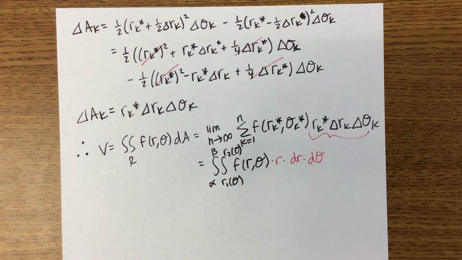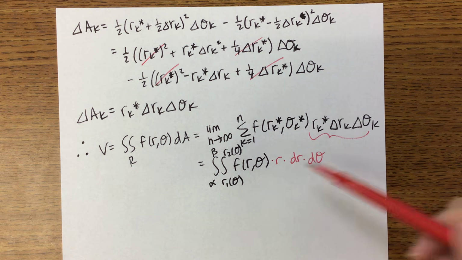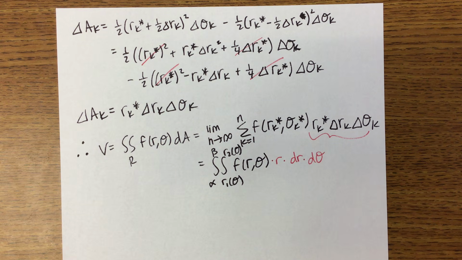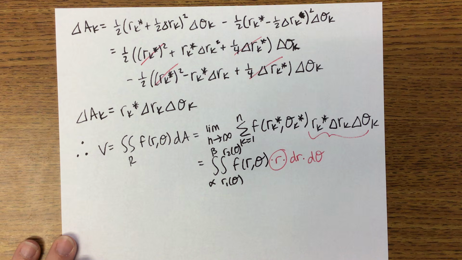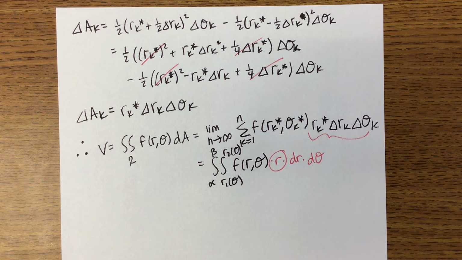Okay. Here's what you need to get from this. For the most part, one thing that's nicer about polar than rectangular, you're always going to integrate with respect to r first. So it's always going to be dr d theta. You're not going to have to figure out which one first. But what's really important is when you convert to polar, you have to include an extra r. So anytime you convert to polar, it's going to be an extra r and then dr d theta.